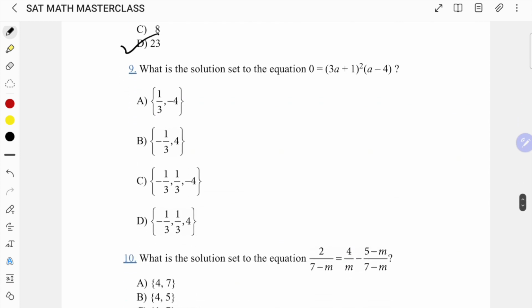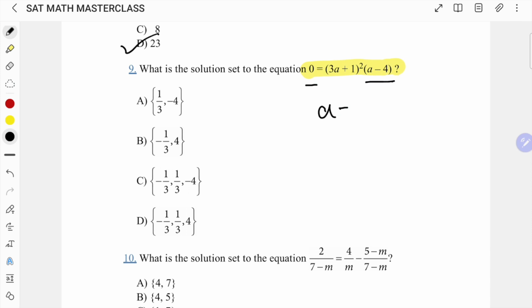Pretty easy questions. Moving on to the next question, we have: what is the solution set of the equation 0 equals (3a plus 1) the whole square into (a minus 4)? Since these two expressions are being multiplied and are equal to 0, let's take case 1, which is a minus 4 equals 0.